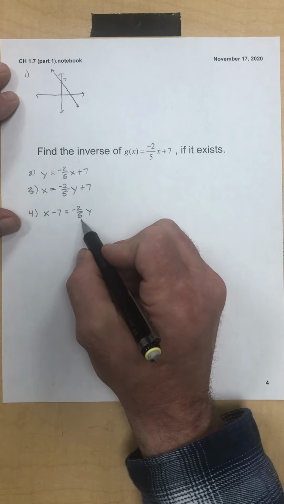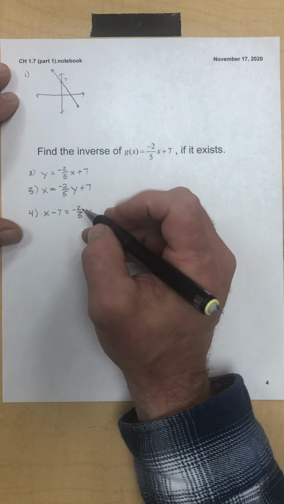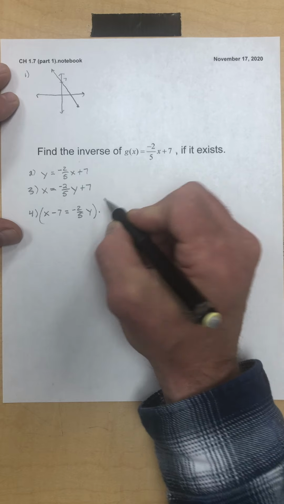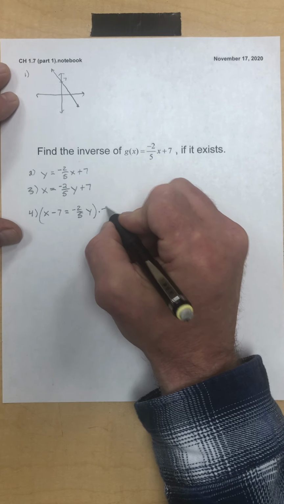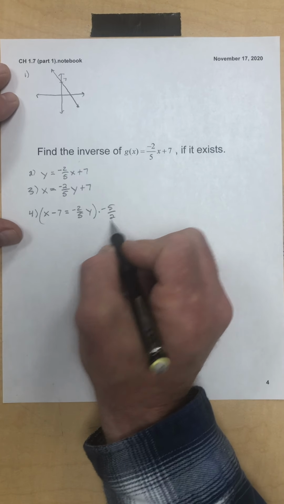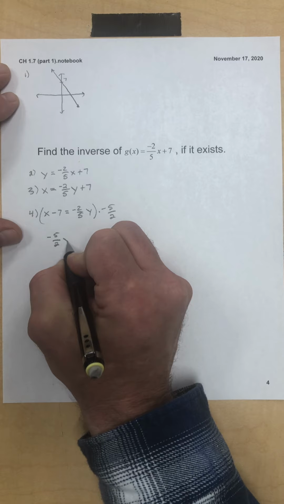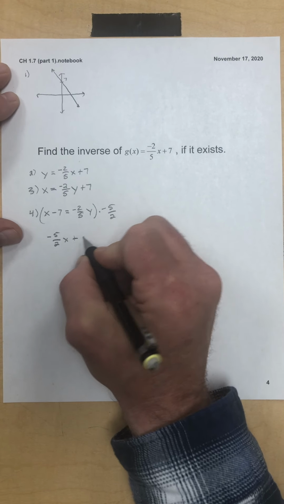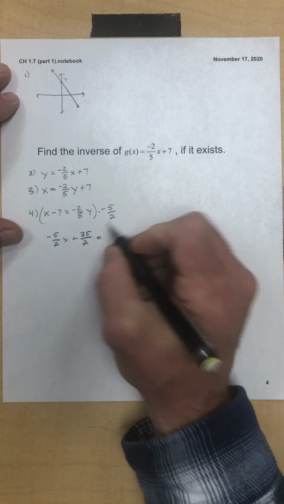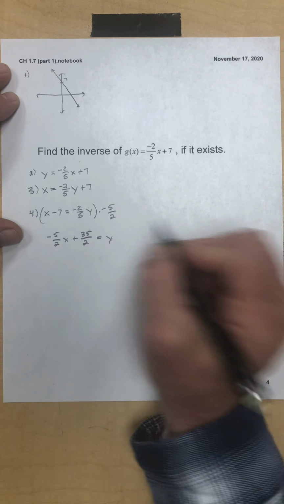Now I want to get rid of the negative 2/5, so I could divide everything by negative 2/5. That's one way to look at it. Or I can multiply everything by the reciprocal of negative 2/5, which is negative 5/2. And so I would get negative 5/2 x plus 35 halves equals, well, negative 2/5 times negative 5/2 is 1, so I just get y.